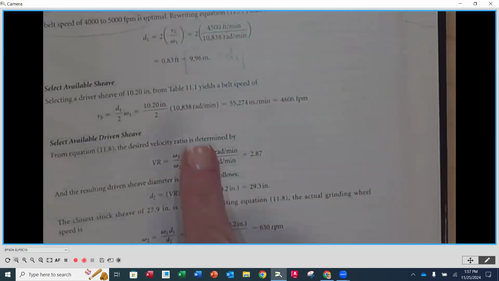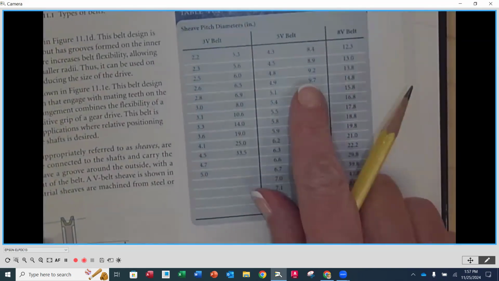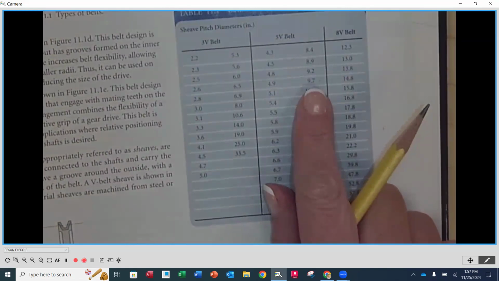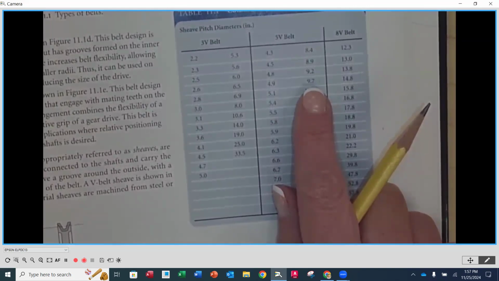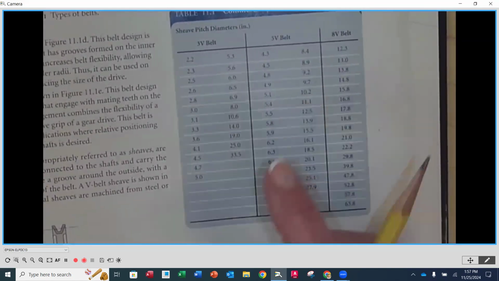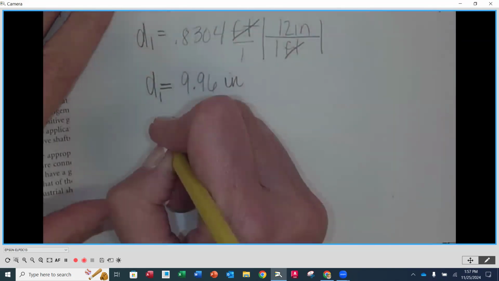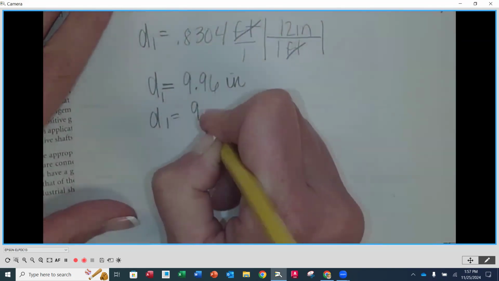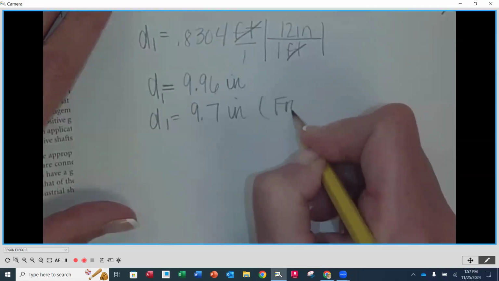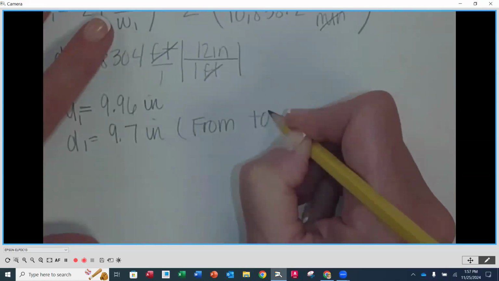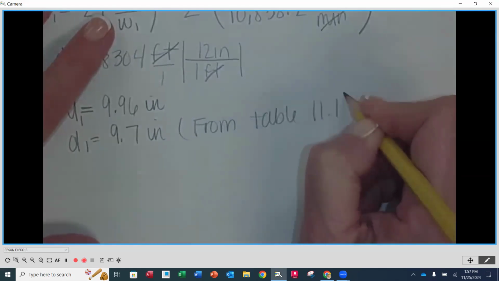Let's see what the book picked. They got 9.96, so 9.7 is what they picked for their value. So we're going to say, all right, D1 is going to be equal to 9.7 inches in diameter, and that's from table 11.1.